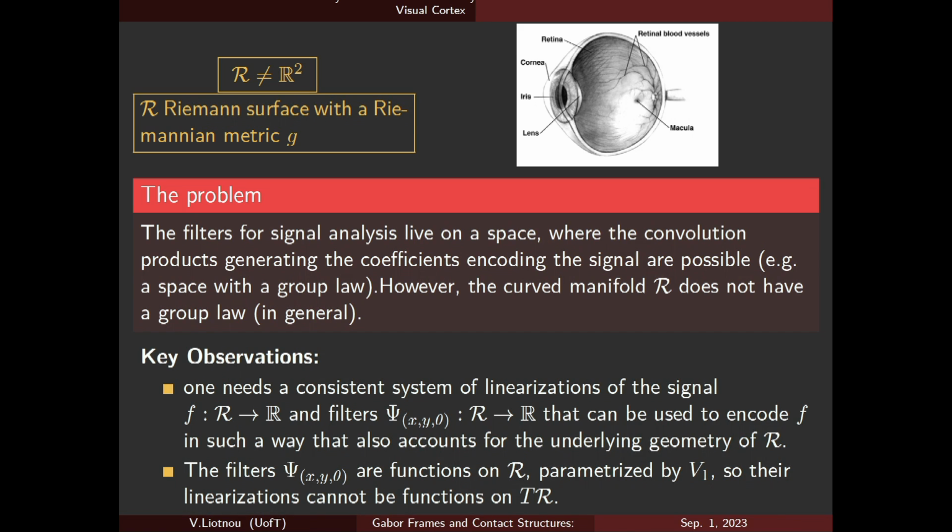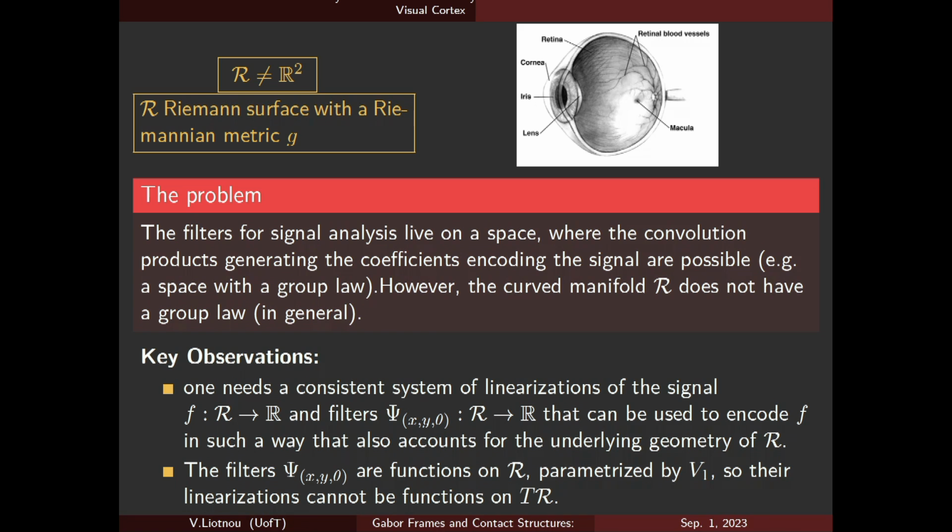And the key observation here was that in order to overcome this, one has to lift to the tangent bundle of the retina, so use a consistent system of linearizations of the signals and the filters. That would fix the problem with the convolution, because now we would be on a vector bundle and the fibers would be vectors, but it wouldn't solve the second problem, where the filters can be functions on the tangent bundle of the retina, but they should be parameterized by both position and orientation.